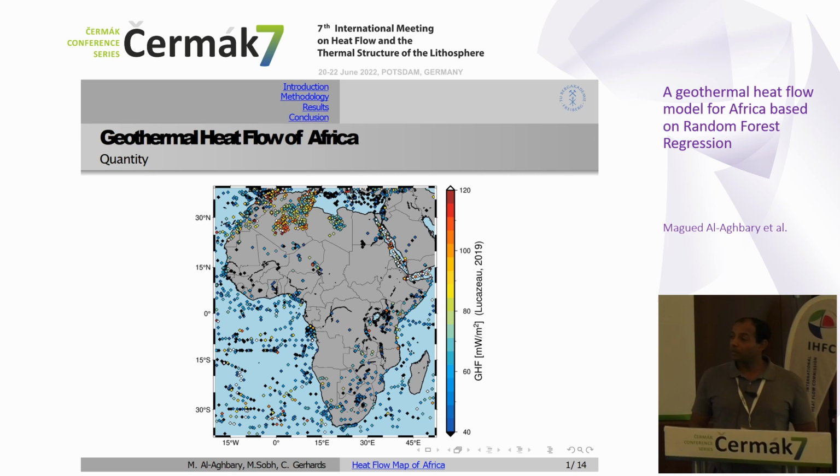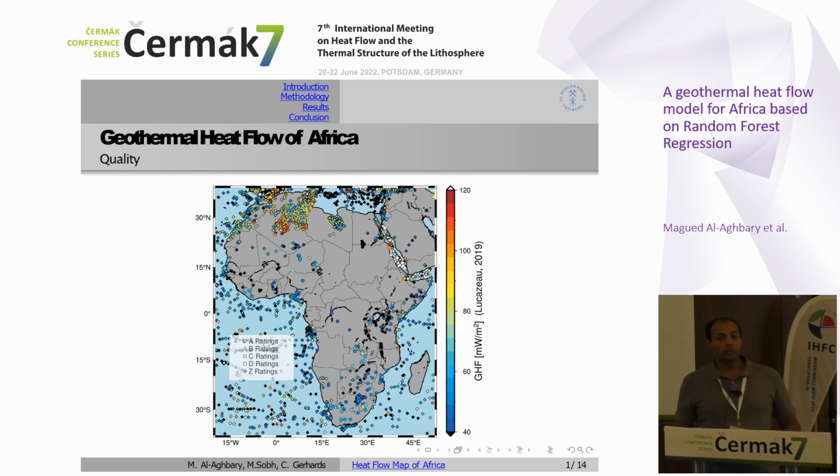The third question comes, what is the quality of our data? By quality, I am referring to the uncertainty in the measurements. In the dataset that I'm using, the data are classified by uncertainty of less than 10, 20, 30, and 40 milliwatt per square meter.